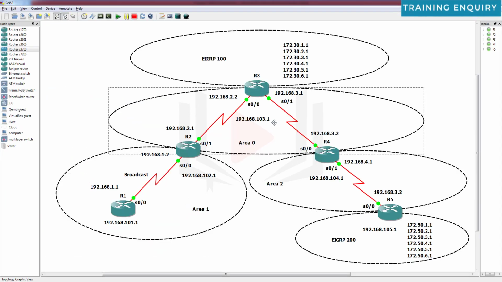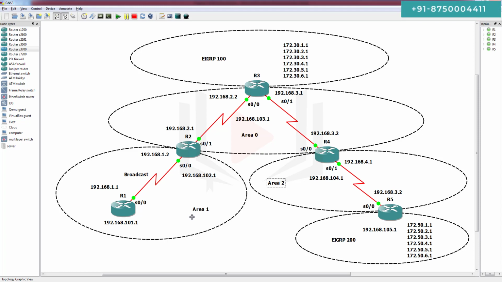When the routes of one area go to another area, area 0 routes will go to area 1, area 2 routes will go to area 1, and they go as summary LSA.